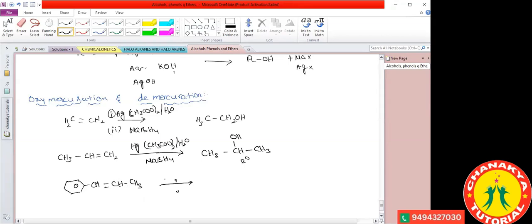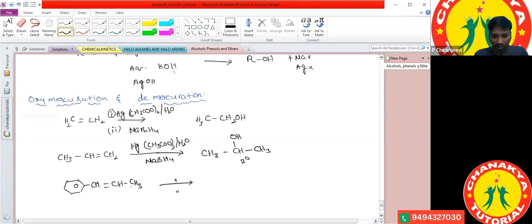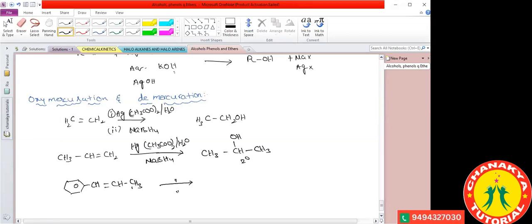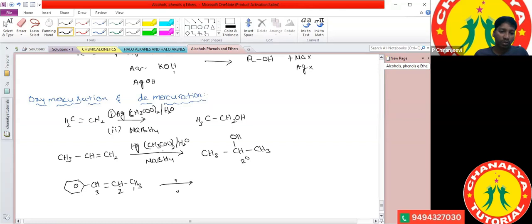The second one. Can I give the numbering here? Second one or third one?